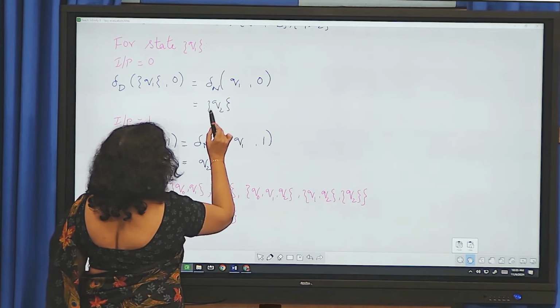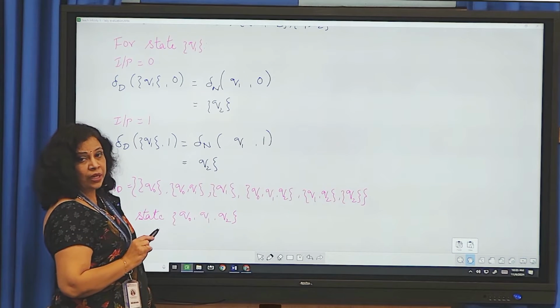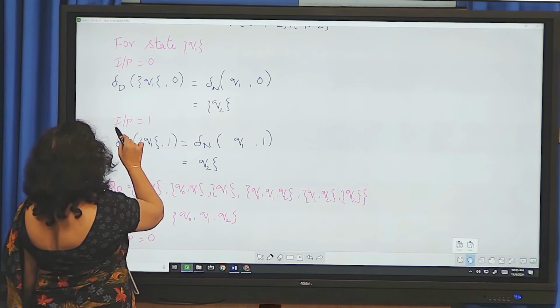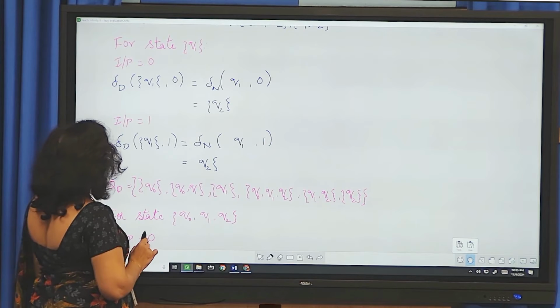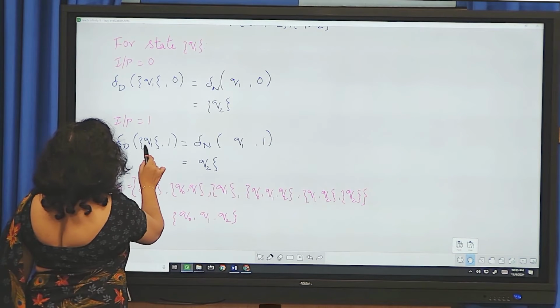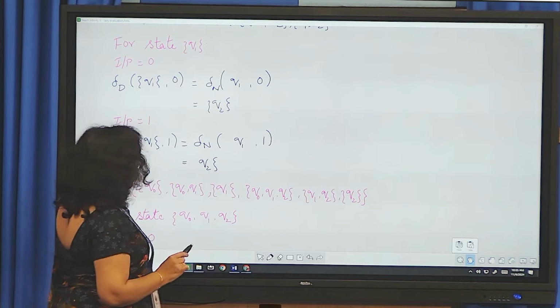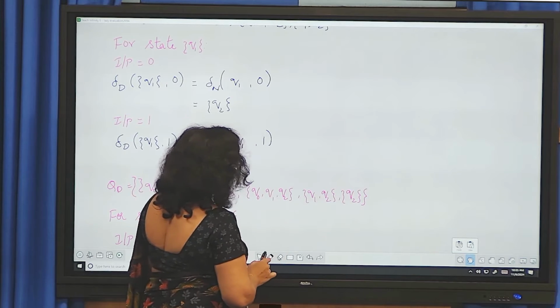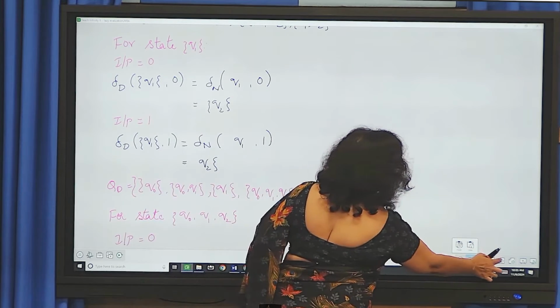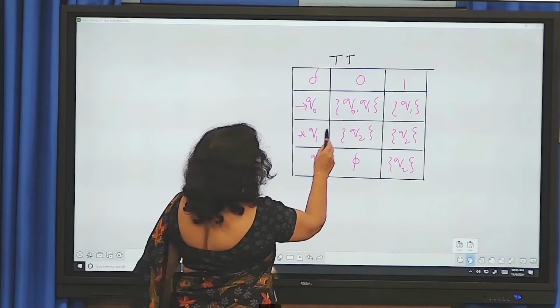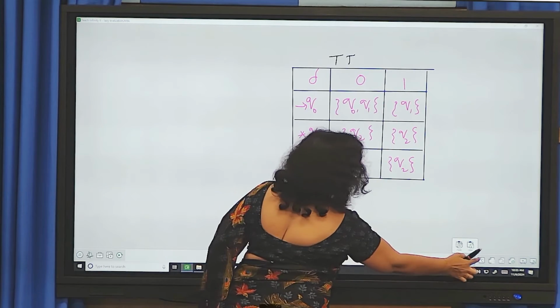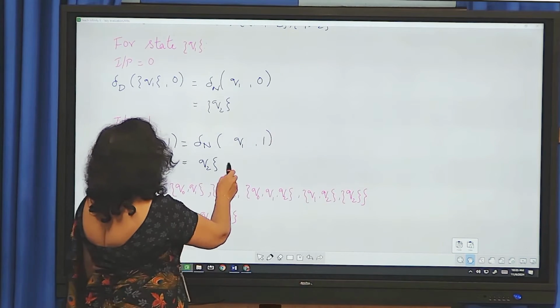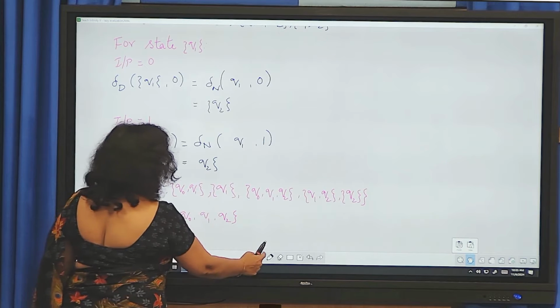Q1 on 0 is Q2 from the transition table. Now, apply the input 1. Delta D of Q1 on 1. See, Q1 on 1 is Q2.